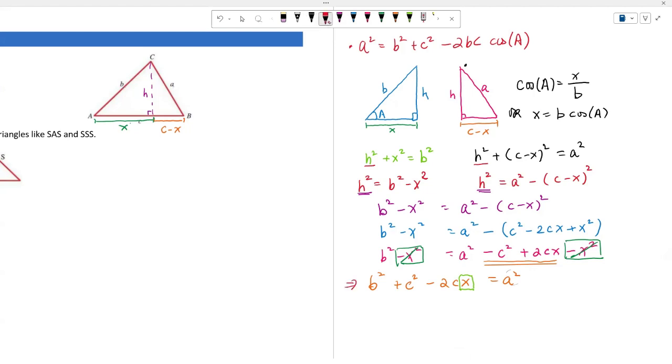I start with a squared equal to b squared plus c squared minus 2 times c times x, where x equals b times cosine of A. Then we will have a squared equal to b squared plus c squared minus 2bc cosine of A, which is what I wanted to prove.